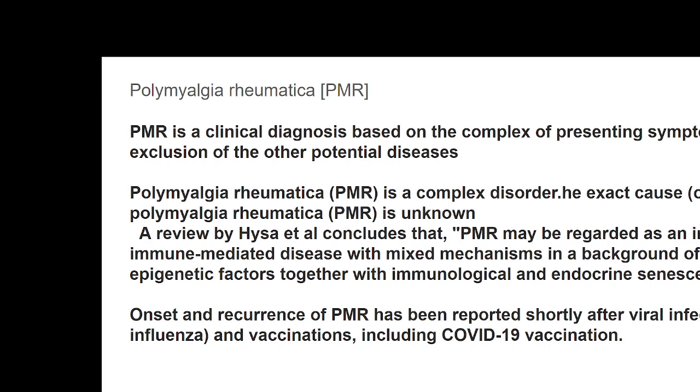Now, another condition which is very close to reactive arthritis but has a different name conventionally, and many times is also considered a reactive phenomenon, is polymyalgia rheumatica. Polymyalgia rheumatica is a clinical condition with complex presenting symptoms, and only after excluding other potential diseases is polymyalgia rheumatica diagnosed, another vague condition.